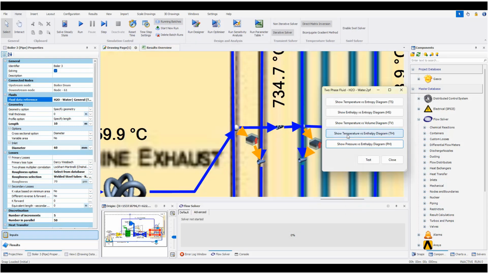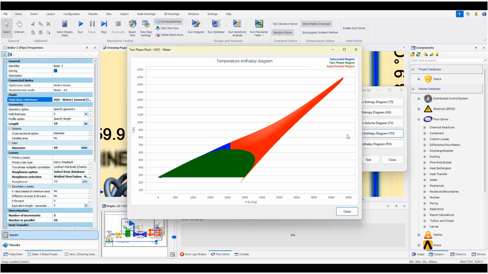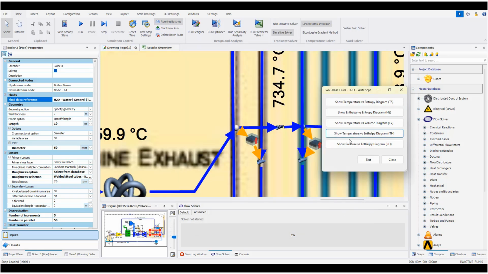If we go for temperature versus enthalpy, again you can see that here we are in the region for the two-phase flow. This is for subcool region and this is for superheat, and so on for entropy or whatever.